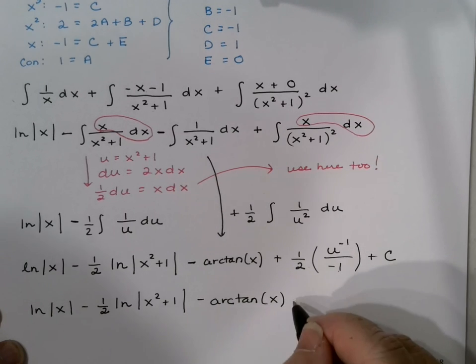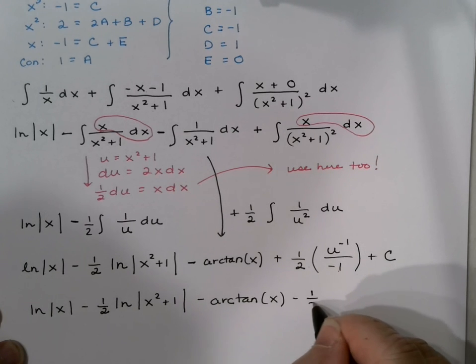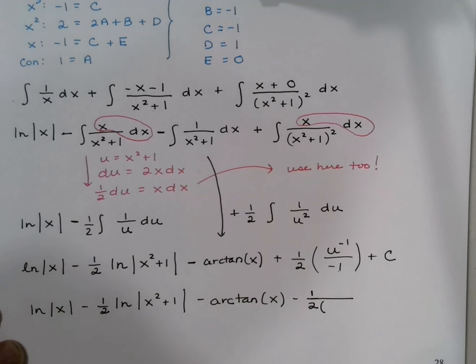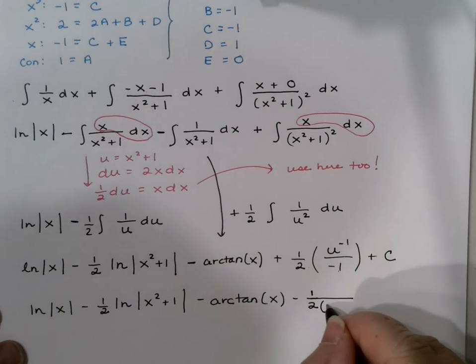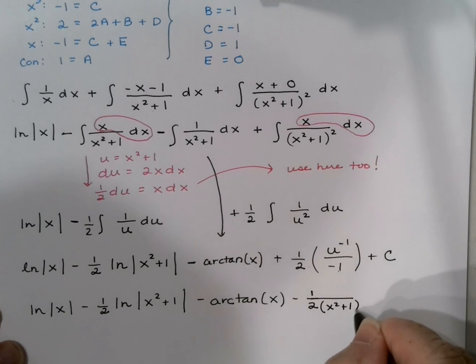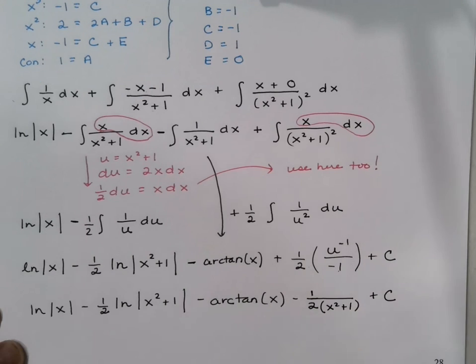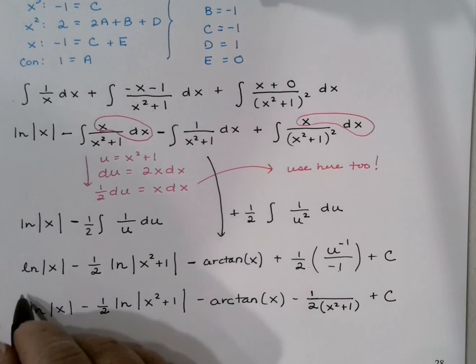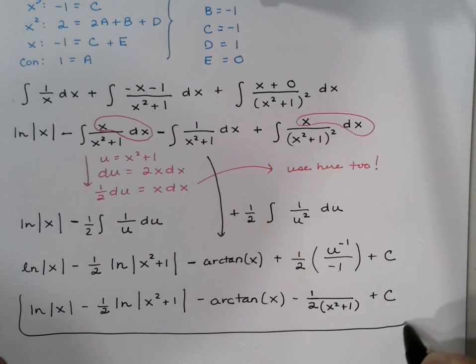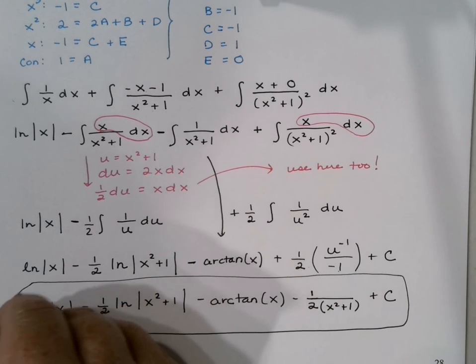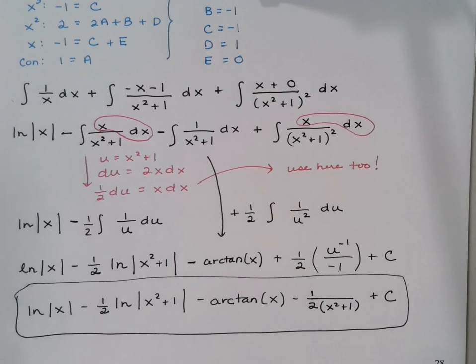That'll become a minus 1/2. And that u goes in the denominator since it's negative 1. So I'm going to put my u down on the bottom. x squared plus 1 plus C. And that, well, I was going to say it looks good. I don't know how good it looks, but it looks done. And that's a good thing.